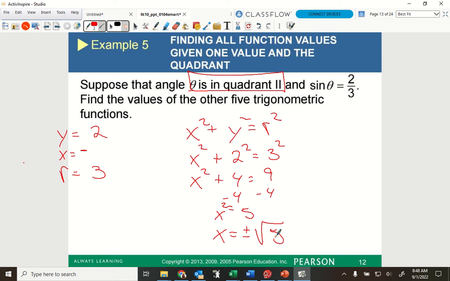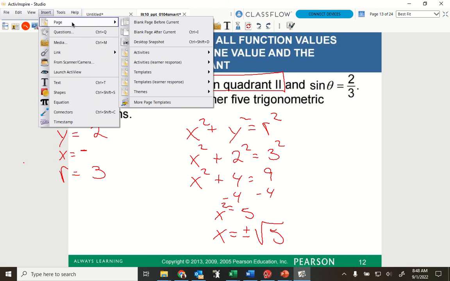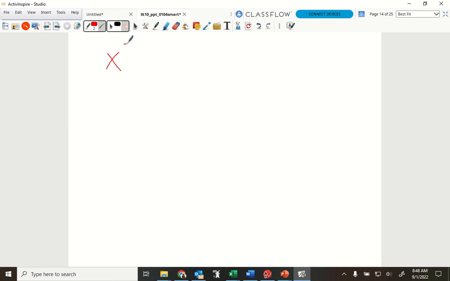So if I'm plugging in a value for this, let's say x is positive or negative. And in my formula, I have that x squared is equal to 5.